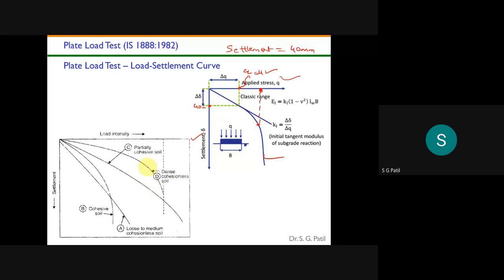So I will ask you to concentrate on curve B and curve D. You see, in B and D, we have this sharp bending here. Okay, let me draw.